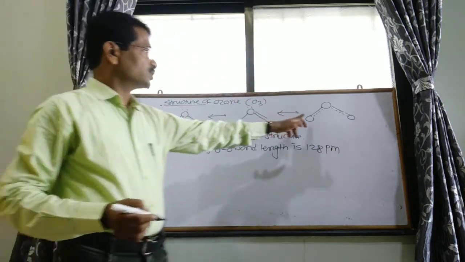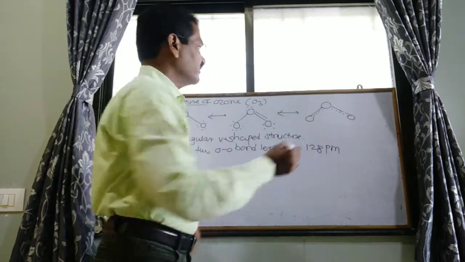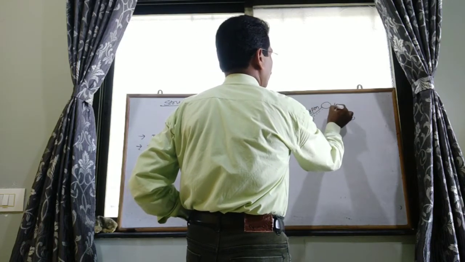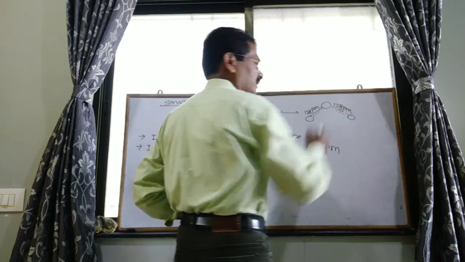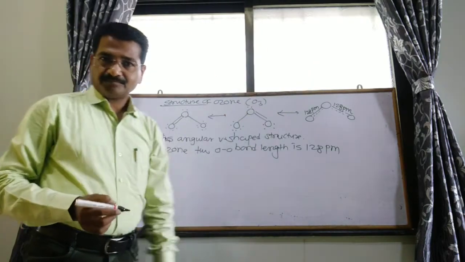This oxygen with this oxygen has a bond length of 128 picometer, and the other is also 128 picometer. All these bonds in ozone are identical.